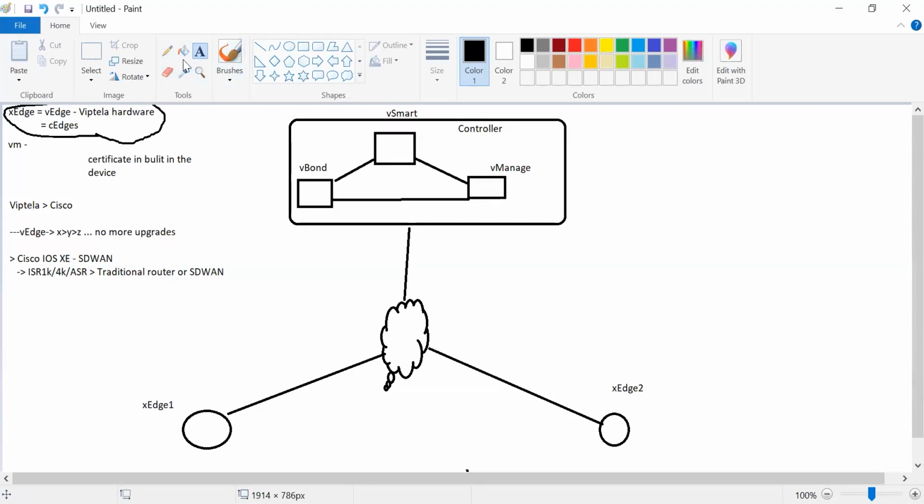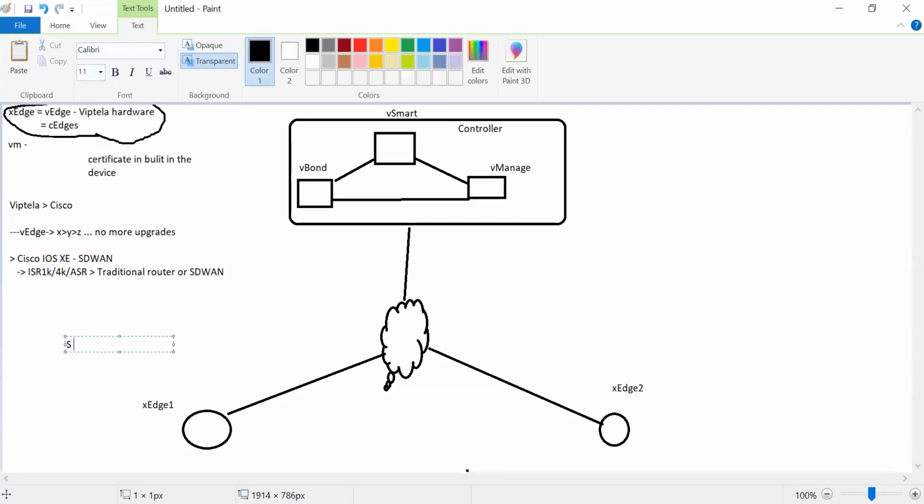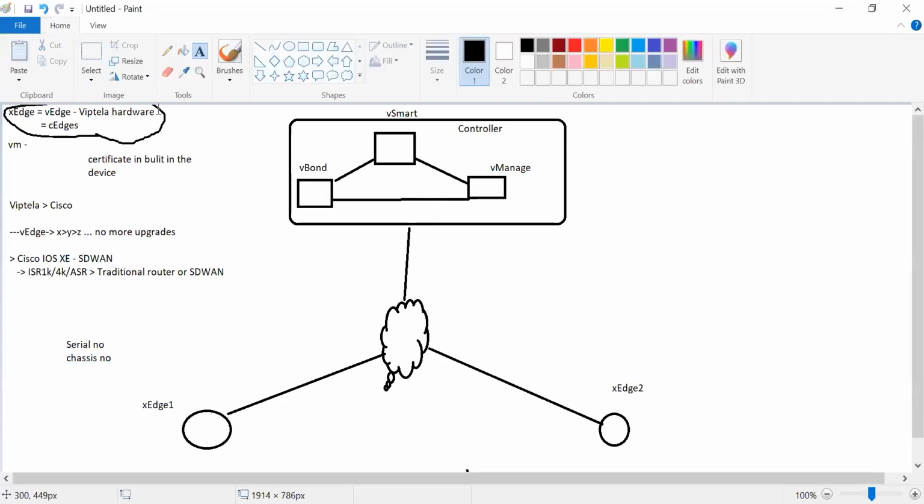Also, these vEdges or cEdges have two things, serial number and chassis number, as an additional level of security. If somebody hacks or something happens with the serial number, we have the chassis number as an additional parameter for security.